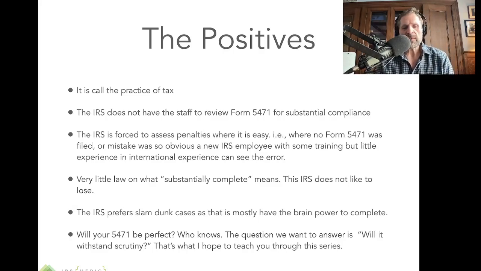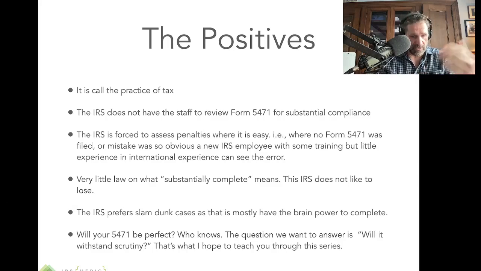So this is what I mean. We did have a case where a client had a Form 5471, but the IRS claimed, oh, it's not substantially complete. I was like, well, how? Tell me how. Well, a lot of running around, like, well, what's your law that you're going to say this is substantially incomplete?